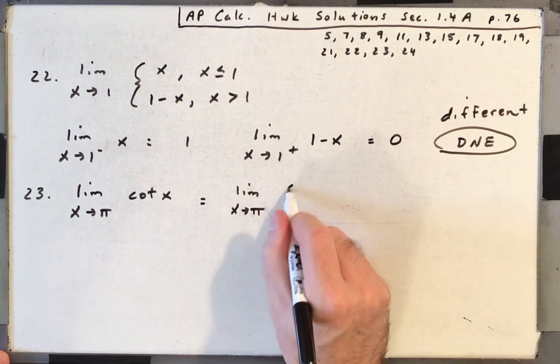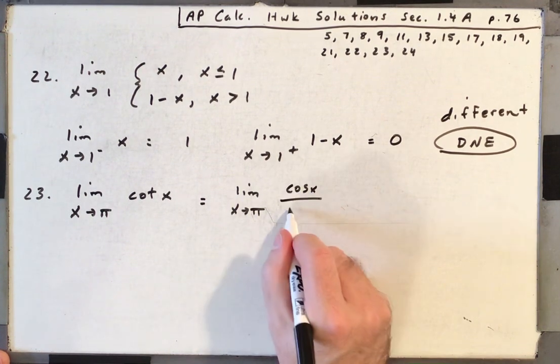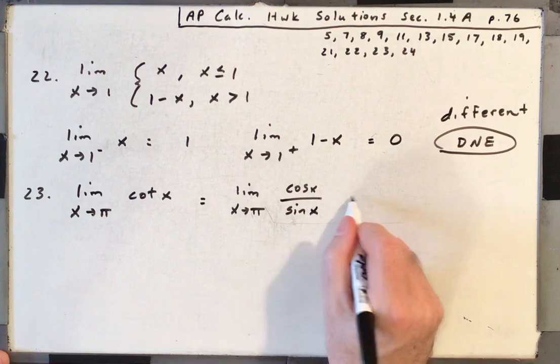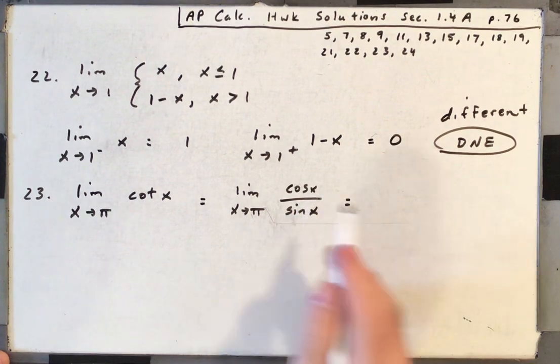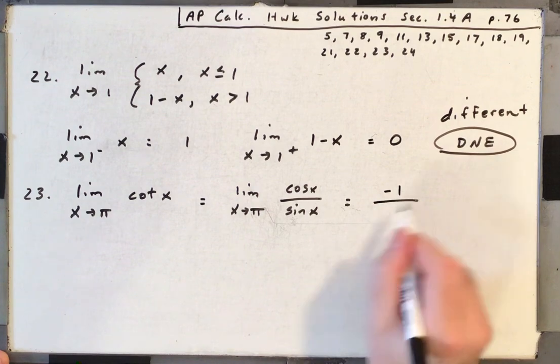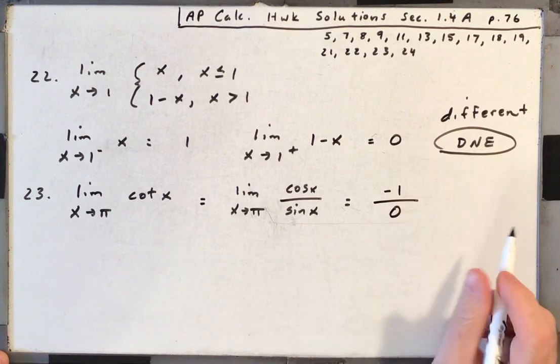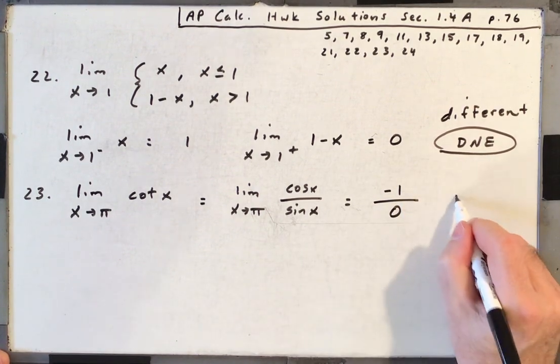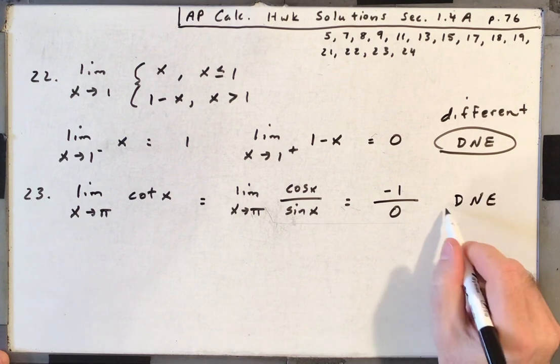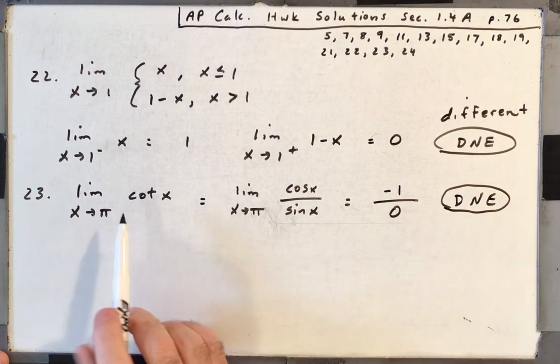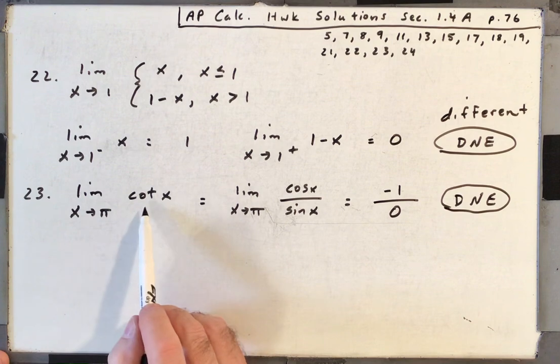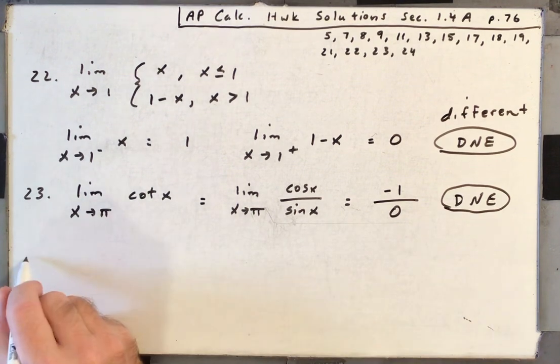I would do this as cosine x over sine x. So we can plug in pi. Cosine of pi is -1. Sine of pi is 0. That's non-zero over 0, so does not exist. So again, we don't have to look at it from both sides because it's not piecewise or absolute value.